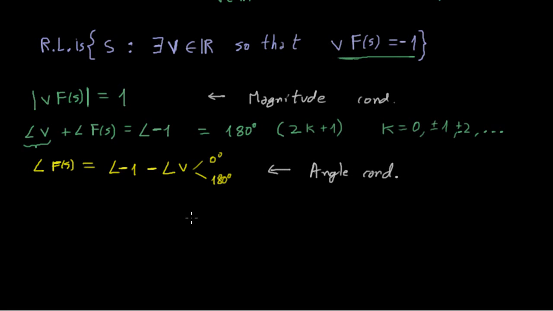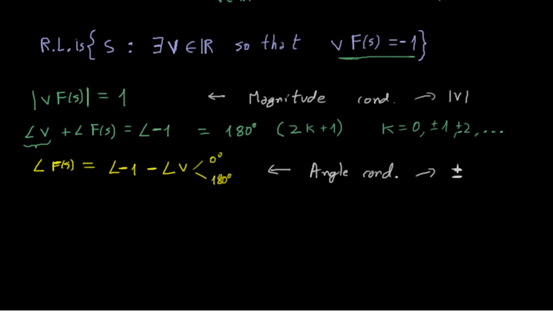So as I was saying, we can look at this in a different way. The magnitude condition is giving us the absolute value of the v generating a certain pole, and the angle condition is giving us its sign. So if the equation is true, there's some v associated to it. Well, the magnitude can be found with the magnitude condition, and the sign can be found with the angle condition.